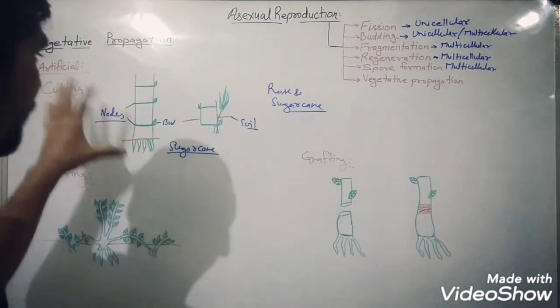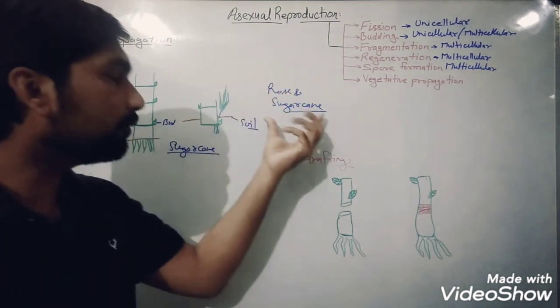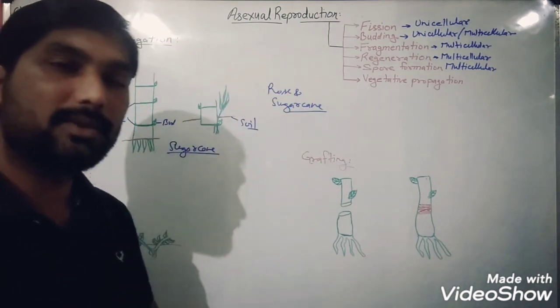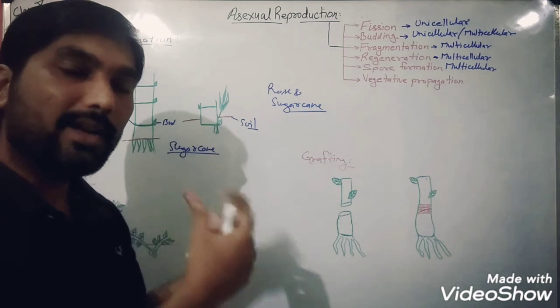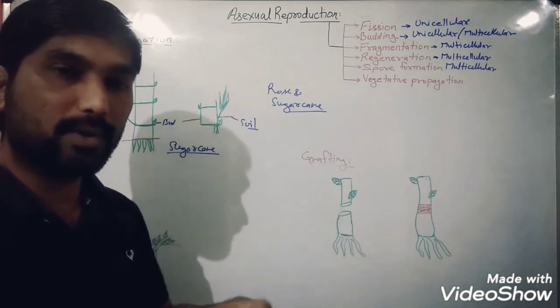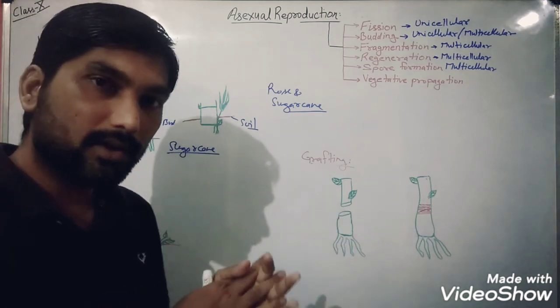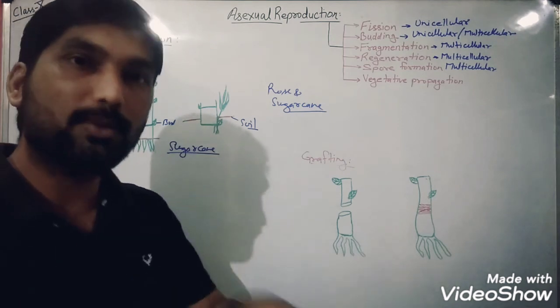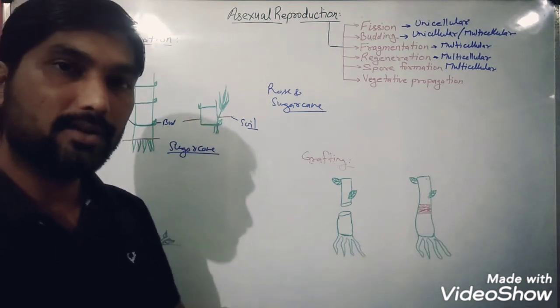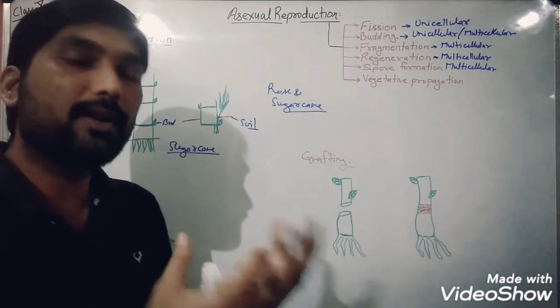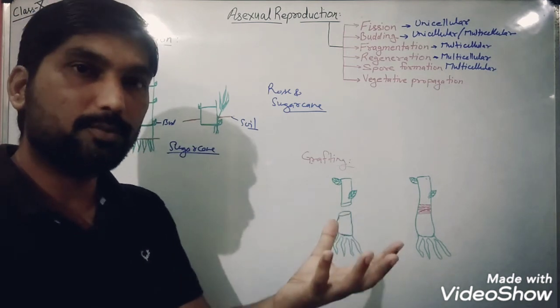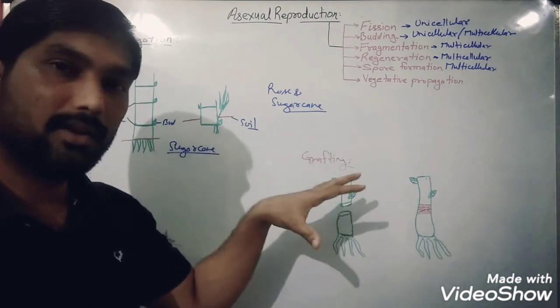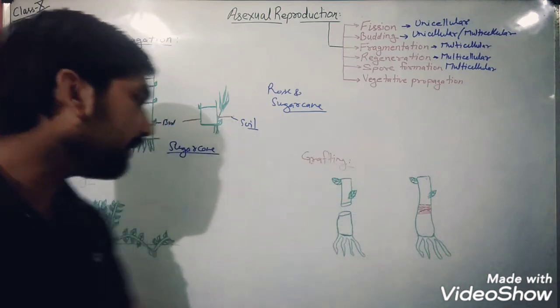So this method is very common in the rose plant and sugarcane, and perhaps you have seen the cutting method in the rose plants. If you are going to cut a branch from the rose plant and going to fix it into the soil, after some day it is going to create a new individual rose plant with the same characteristic of the parent plant.